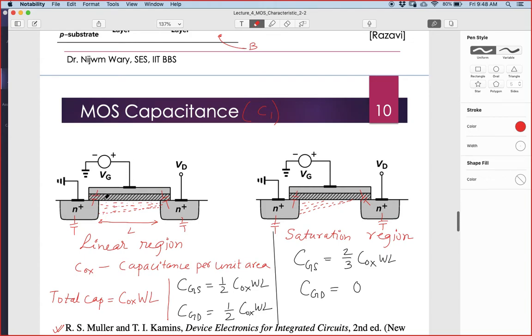It's difficult to draw here, but the point is they are trying to go for some kind of architecture where they pull out the channel, so that the gate has more control over the channel, right?